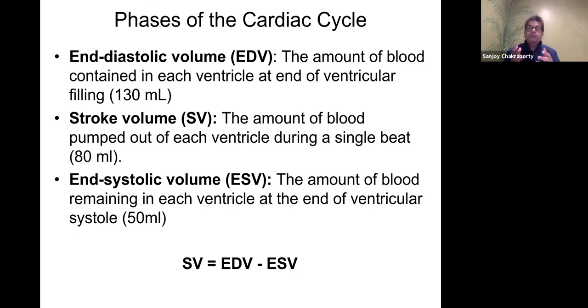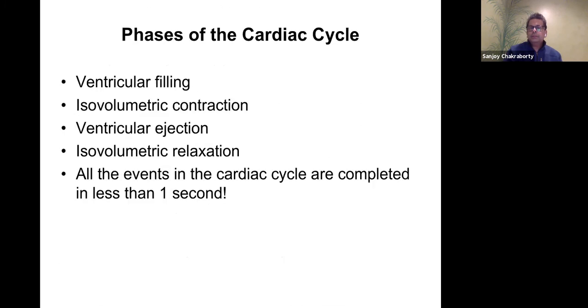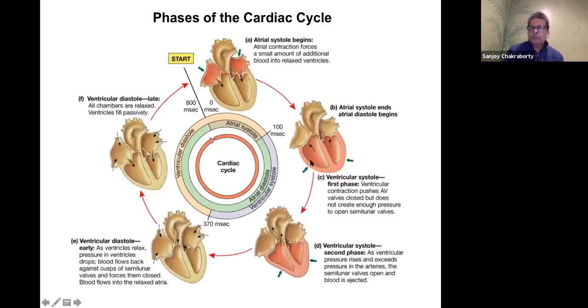So the question is then how much blood was there in the ventricle in the first place? Remember I said that 100% of the blood cannot just pump out. So how much blood was there? That is called EDV, end diastolic volume, meaning the end of the ventricular diastole, from here all the way up to here.